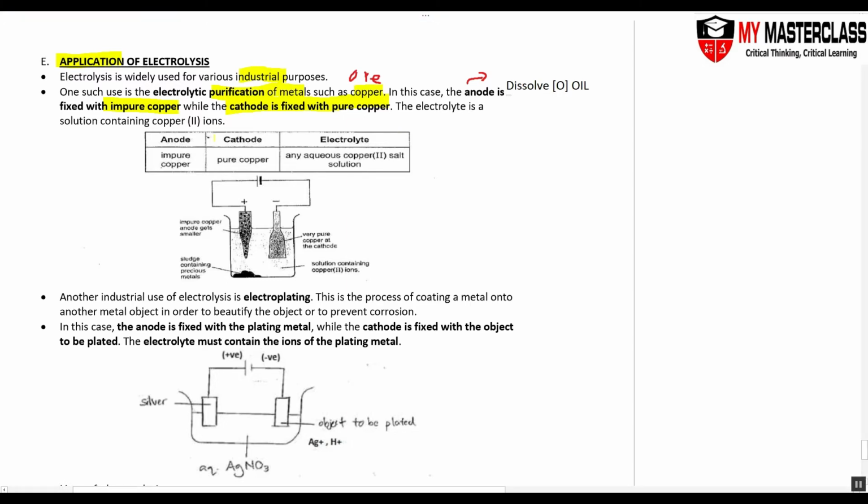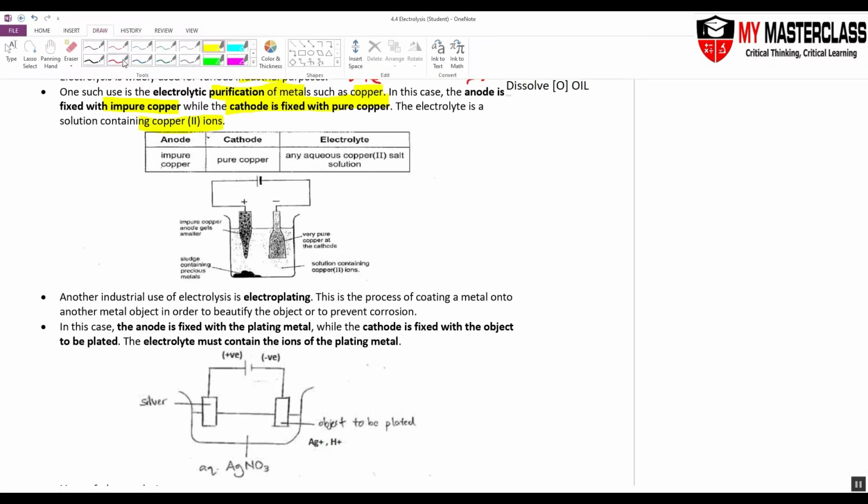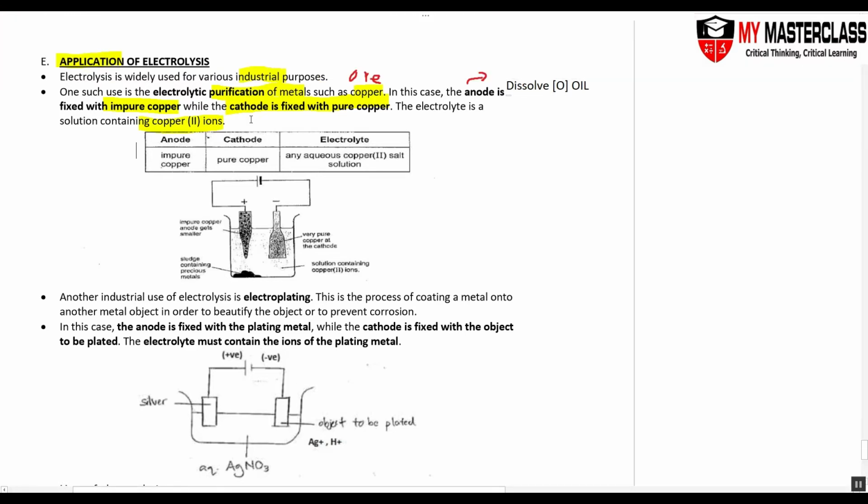The electrolyte will usually be something that contains your copper ions. At the cathode, reduction will occur, and the cations are attracted. Reduction is gaining electrons.